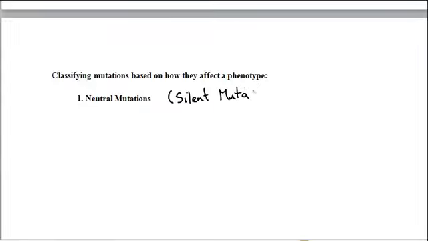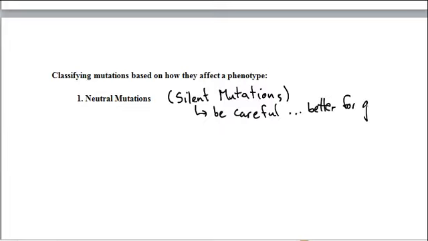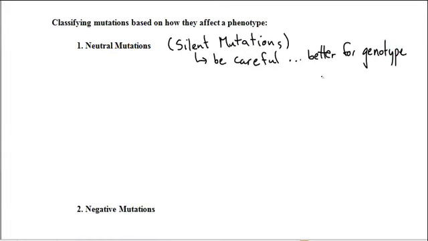But that's not quite accurate. So we're going to be careful, because silent more appropriately refers to the genotype level. When we're talking at a phenotypic level, we prefer to use the word neutral.